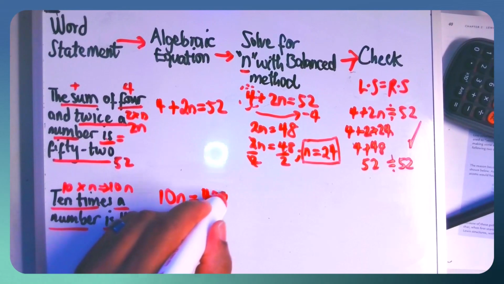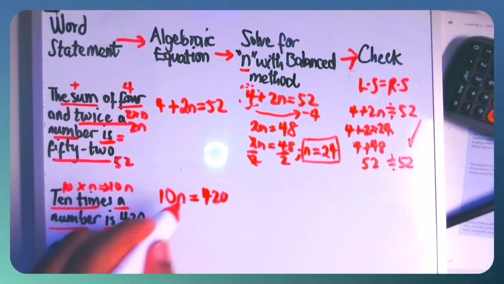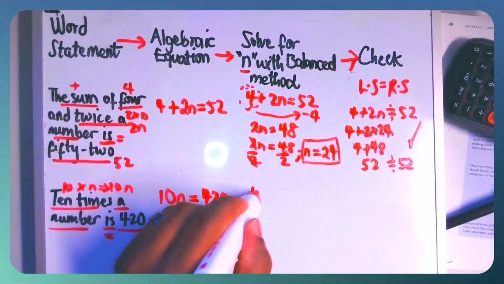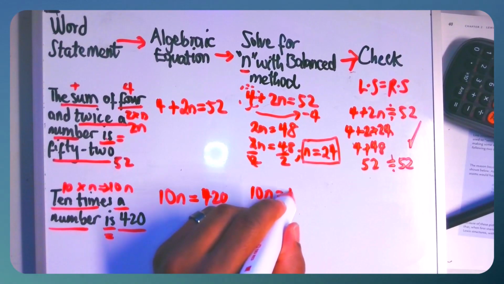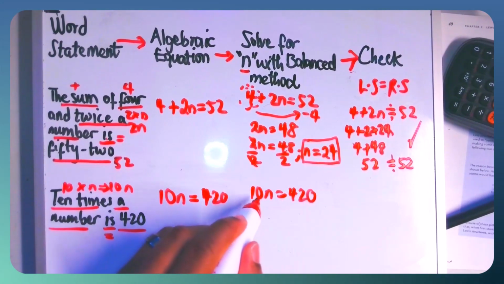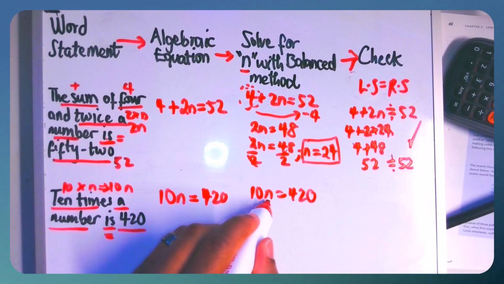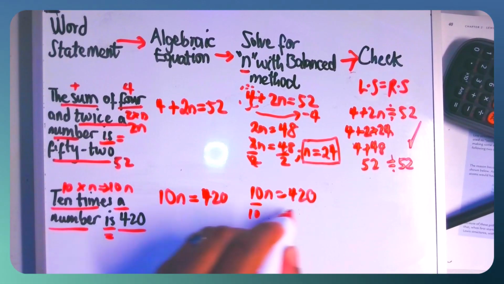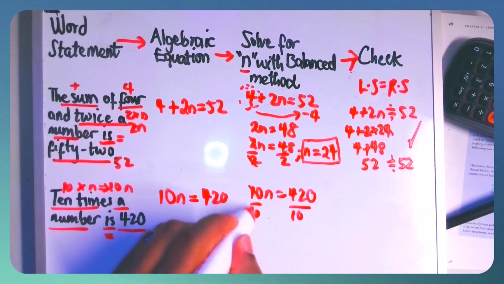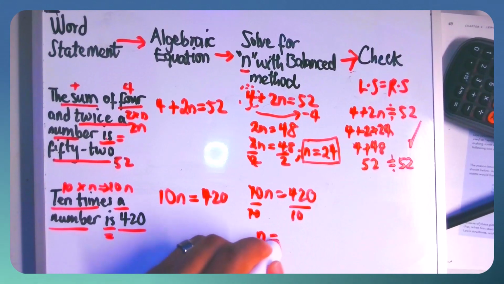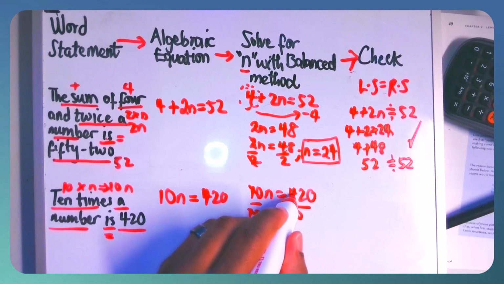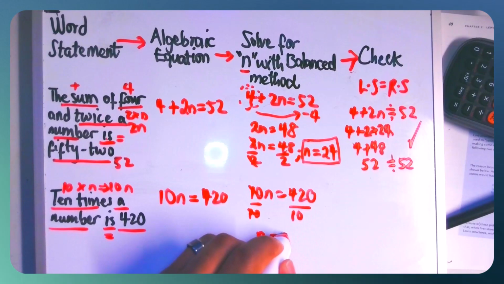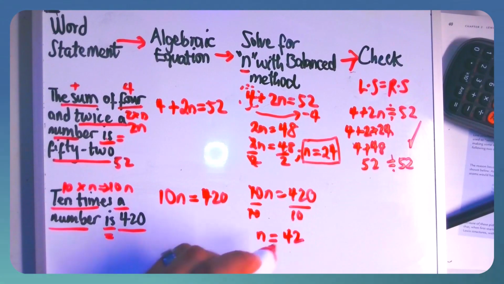So once we have this as our equation, now we're going to be solving for n. On our next step, we'll rewrite this, and we know that 10 here, because it's multiplied by n, we divide both sides by 10, so that we'll be able to have the value for n to be equal to what? 420 divided by 10, which gives us 42.